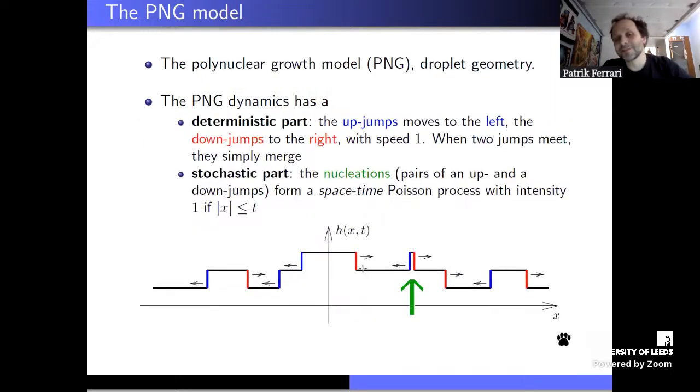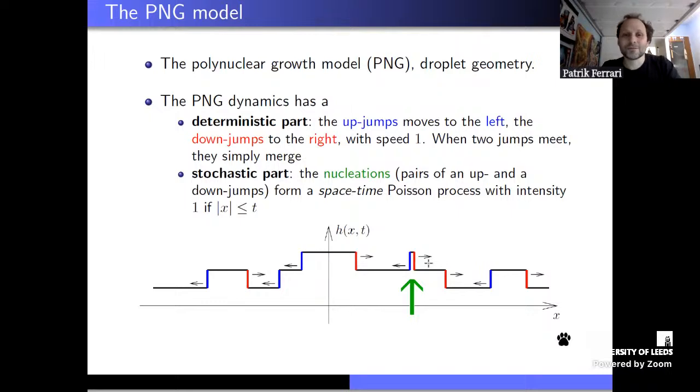And what happens in the dynamics: simply the down jumps move to the right with speed 1, the up jumps to the left. And then when there is a point, that is a new Poisson point, this is a nucleation, which means there is a creation of an up and down jump, which then starts spreading.